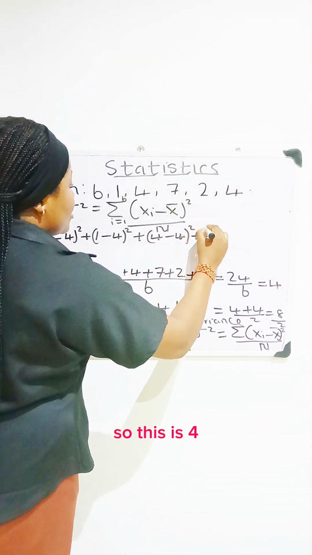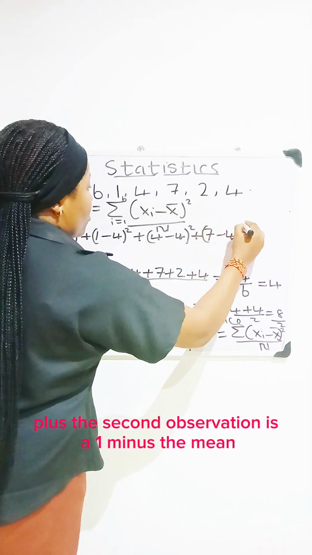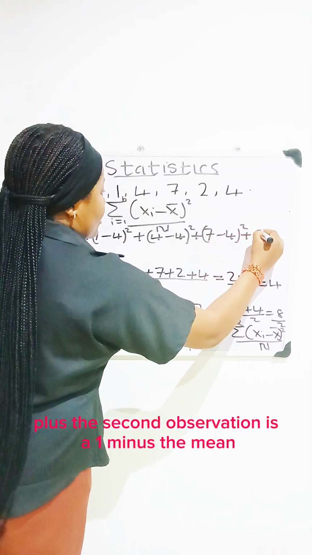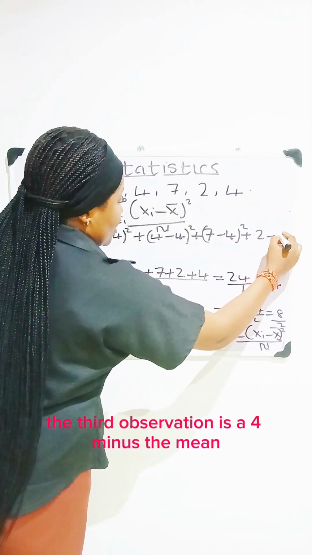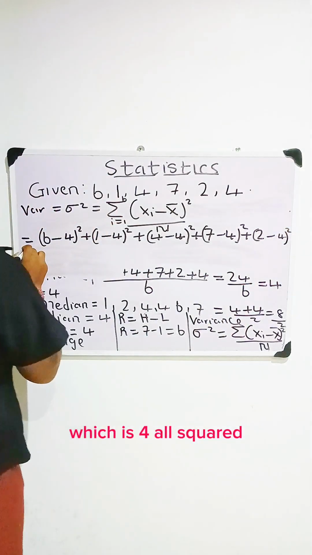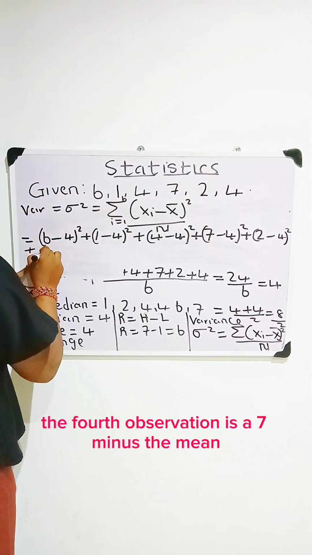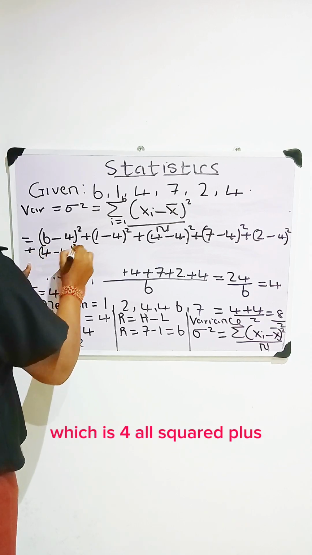The fourth observation is 7 minus the mean, which is 4, all squared, plus the fifth observation, 2 minus the mean, which is 4, all squared, plus the last observation, which is 4 minus the mean, which is also 4, all squared.